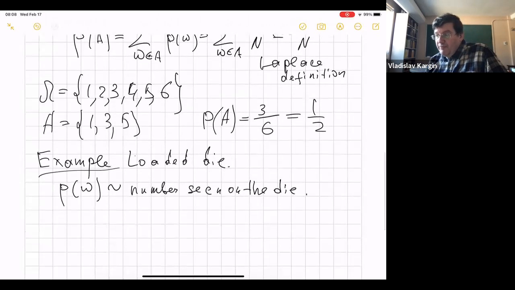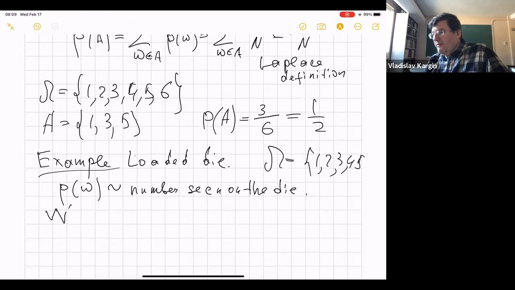So how could we define it? We define it by defining the weights of the outcomes. The weight of omega should be equal to the number seen on the die. So for example, as in the previous example, omega is equal to 1, 2, 3, 4, 5, and 6.